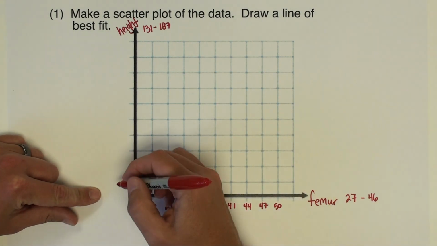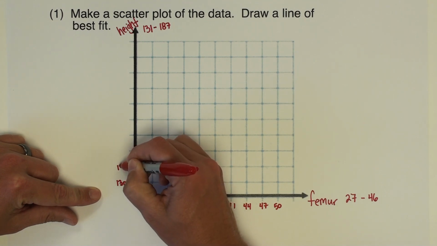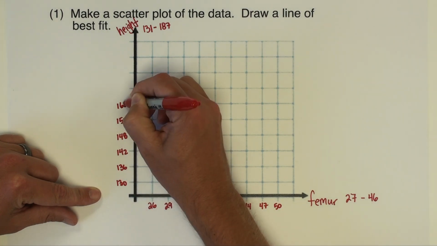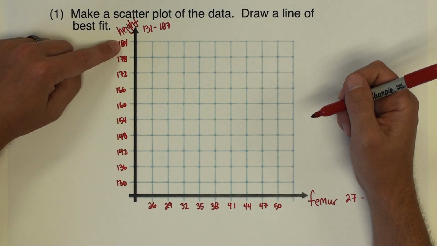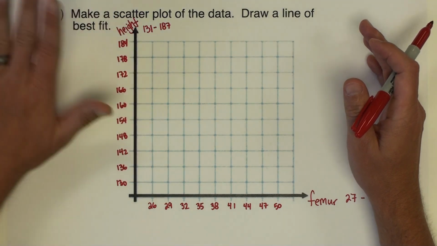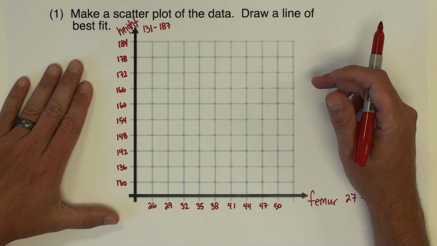Let's just see if this works first time. We're going to start with 130, and I'm just going to count up by sixes. Okay, from 130 to 184, 187 is going to be just a little bit off the grid here. I'm okay with that. I'm not going to redo this graph just to get that to fit on there perfectly.